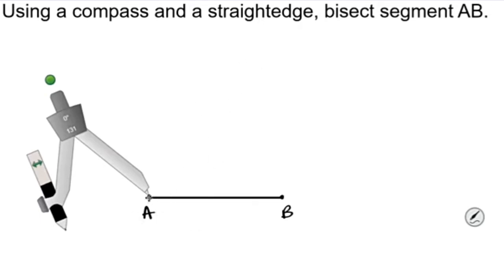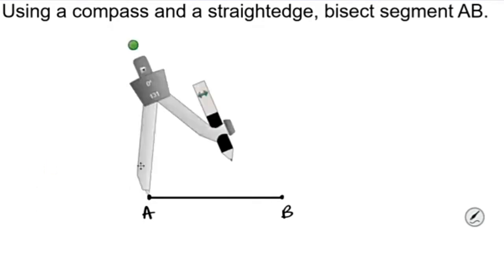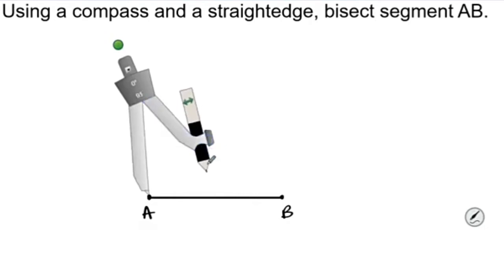So you just extend the radius of your compass above the midpoint of line segment AB. Note that if you do not extend the radius above the midpoint, you will not get it. The bisection will be wrong and probably the arcs might not join.